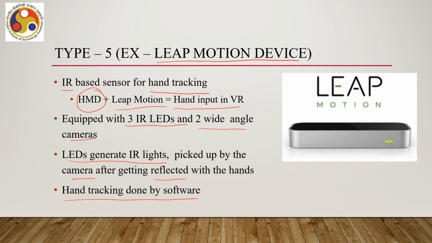Then the software component takes over the data and converts the signals into proper gestures for understanding the input. So, that is how this type of device works, typically useful when you are using a low cost HMD which does not provide good quality controllers or does not come with controller support.